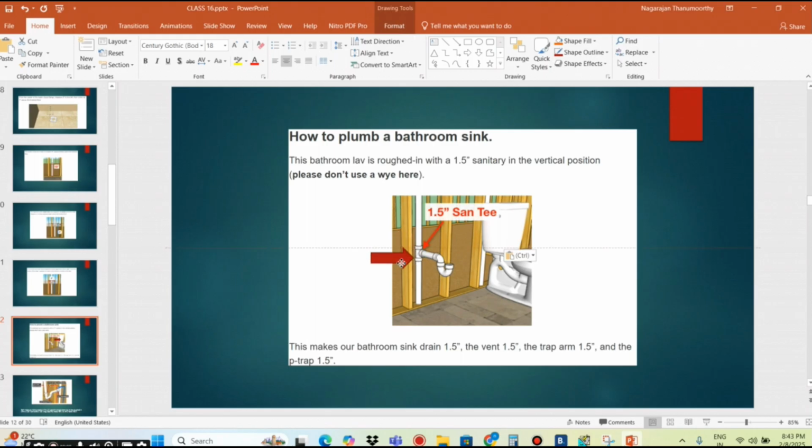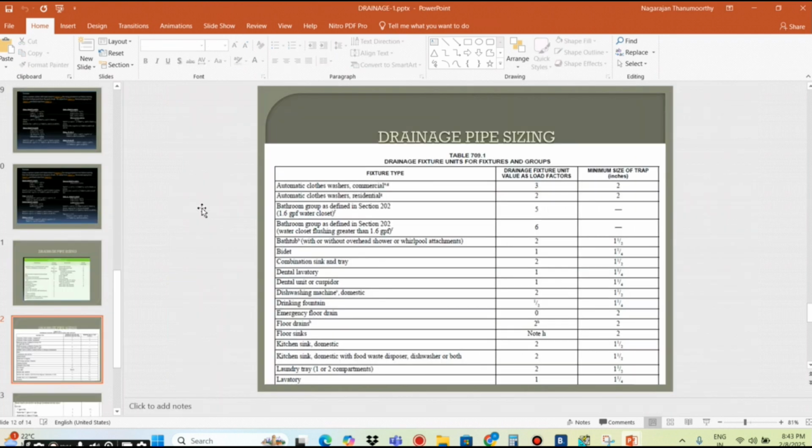First of all, the minimum drainage pipe size for the lavatory is 1.25 inch. That's the minimum trap size we have to follow.